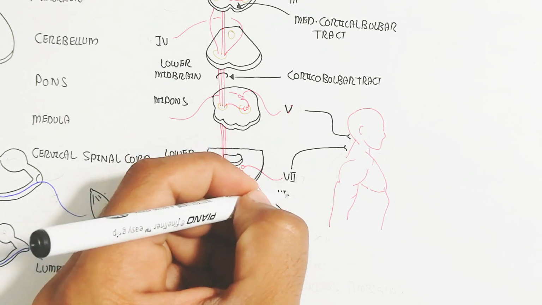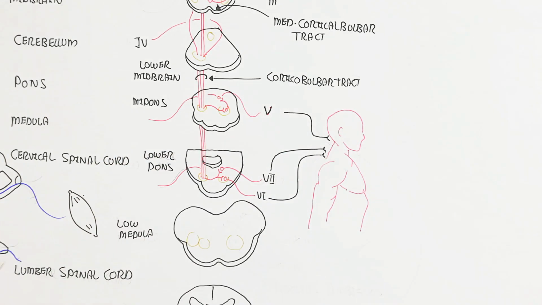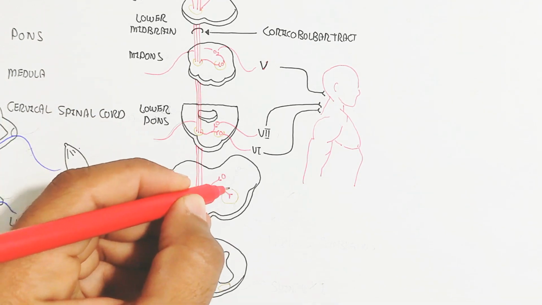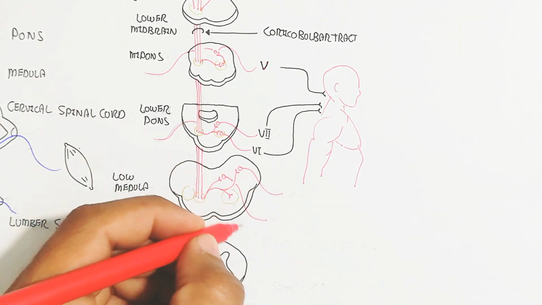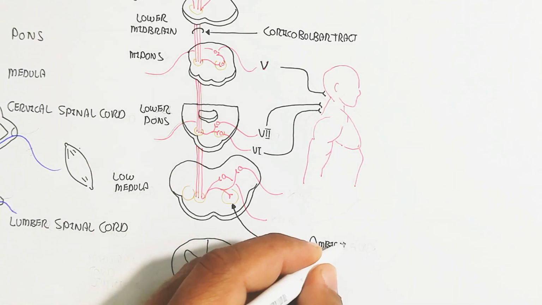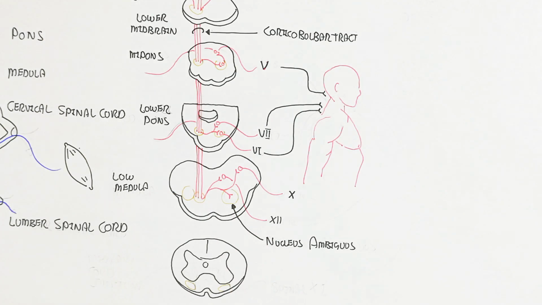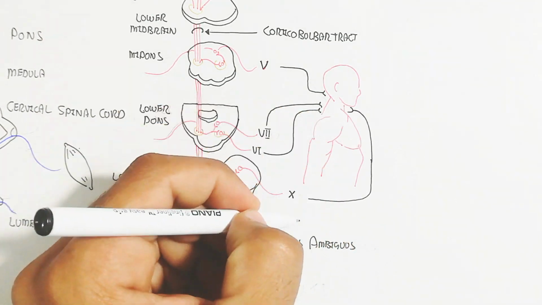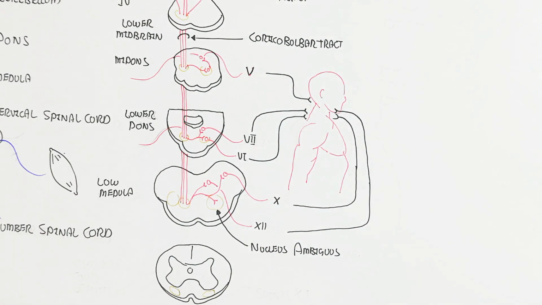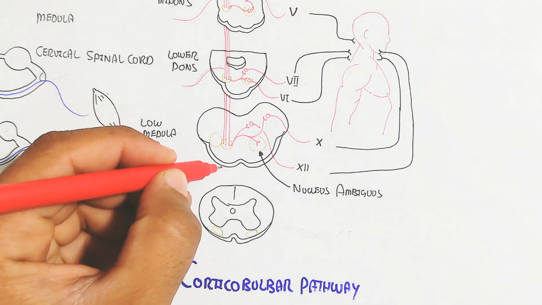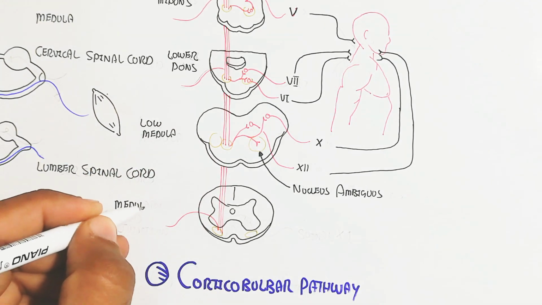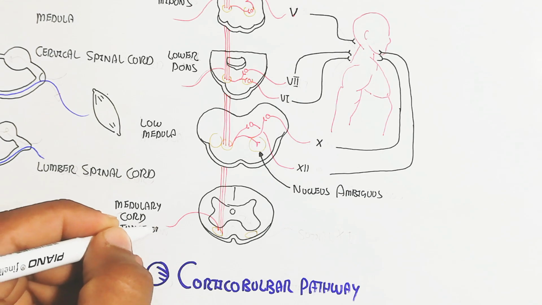Remember, cranial nerves 7 and 6 are involved at the lower pons as lateral, while the anterior descending upper motor neuron travels down, and here are cranial nerve 10 and cranial nerve 12, involved for the lateral corticobulbar tract from the lower medulla to control the response.